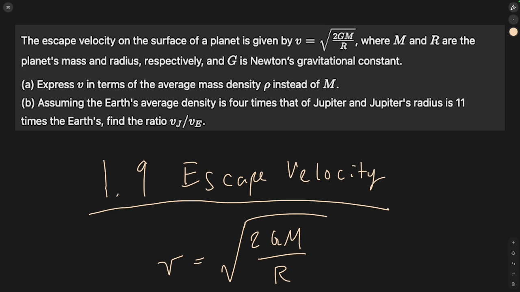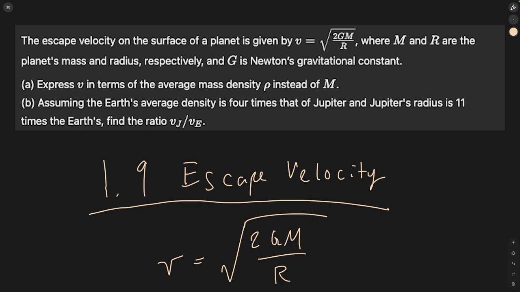So they ask you to write v in terms of the density rho. They could be more specific here. They could say write it in terms of rho and G and R. So, right, those can stay. Just that M we can't use anymore. So we have to relate v to G, R, and rho.